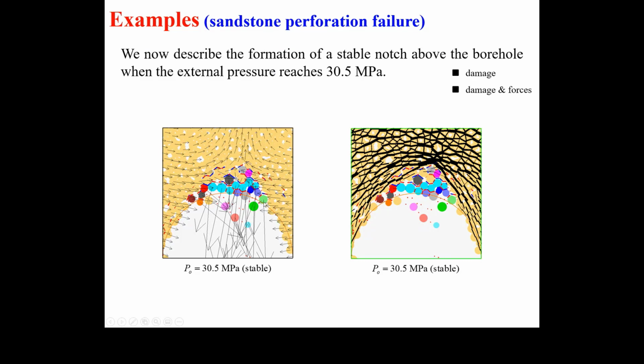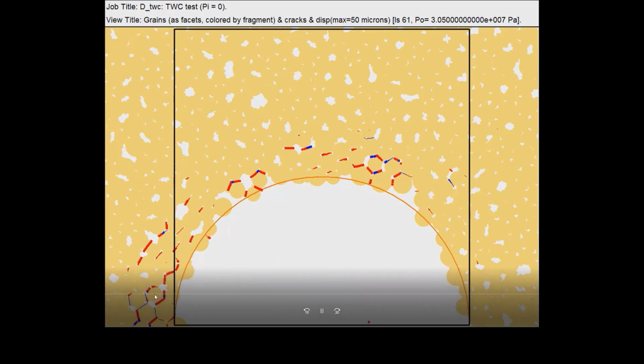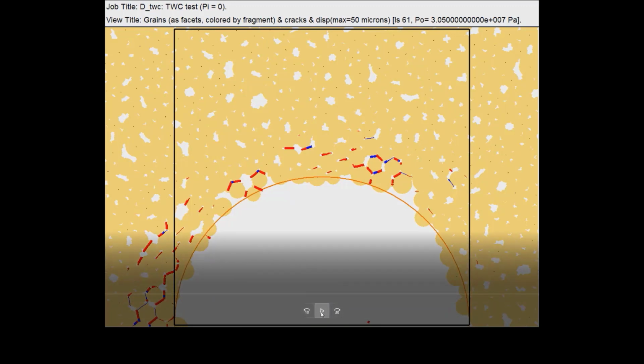Here's a very crude model with very large discs, and I want to just show you what happens here. This is using that flat joint contact model. At this point, it's already been loaded up to 30.5 MPa on the outer boundary, and there's already some damage around the periphery, but it has not localized. Red is broken in tension, blue is broken in shear.